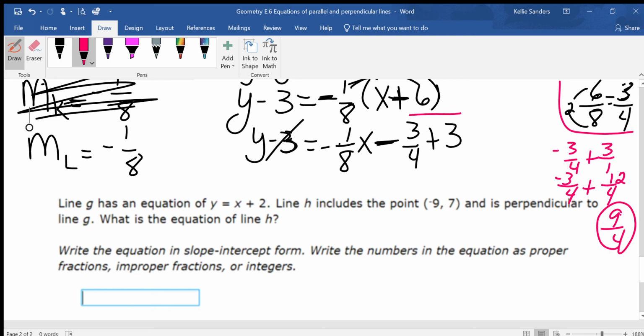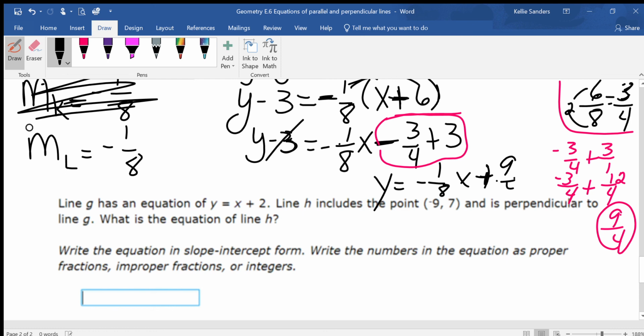That is what this is. I was putting my like terms together. So my answer, hopefully you wrote a little bit smaller than I did, is y equals negative 1 over 8 x plus 9 over 4.